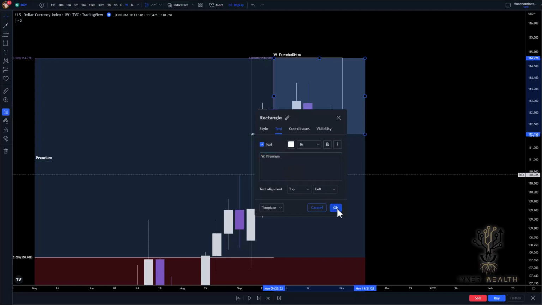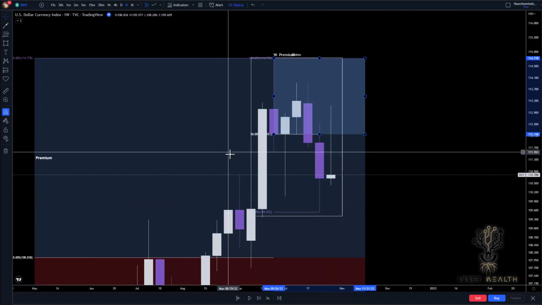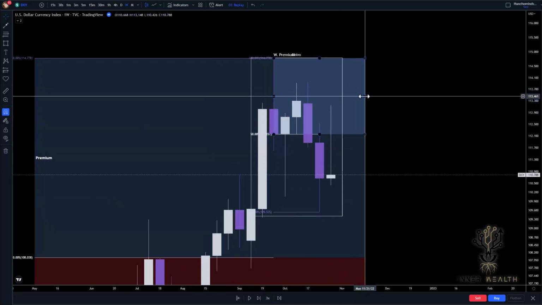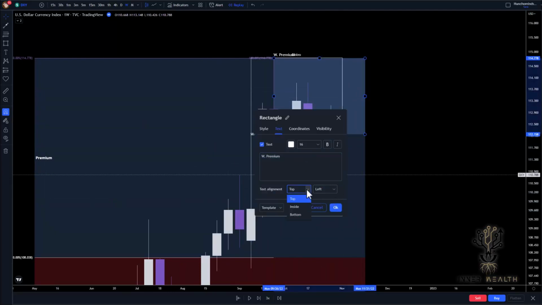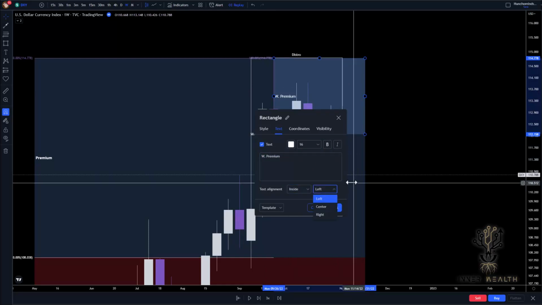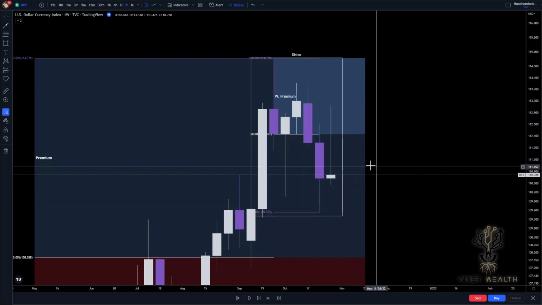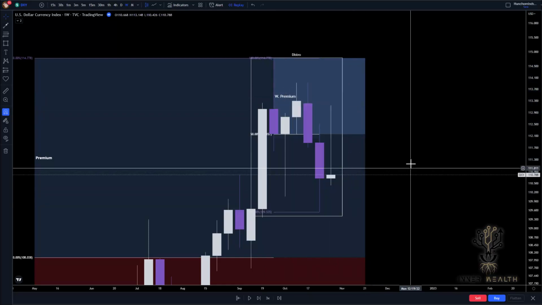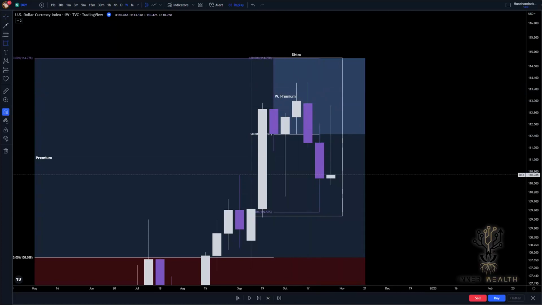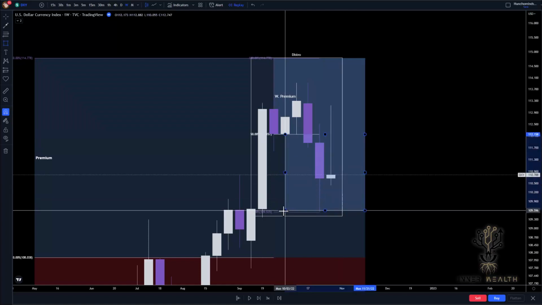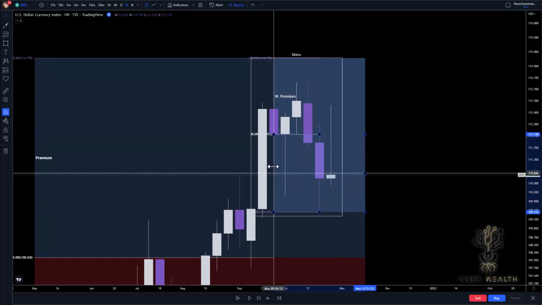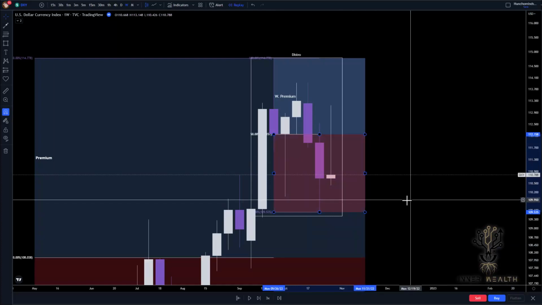Over here we have our monthly premium, and we have our weekly premium here, which we're going to put on the inside and the left. Perfect. If we have our weekly premium, we have our weekly discount, right? So that is our discount area right there. We're going to make that area red.